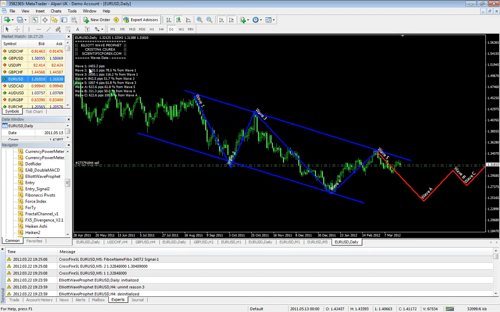As you can see, wave 1 is 1400 pips, wave 2 is 1100 pips, wave 3 is 1600 pips. As soon as you readjust that, it will give you the value in pips.